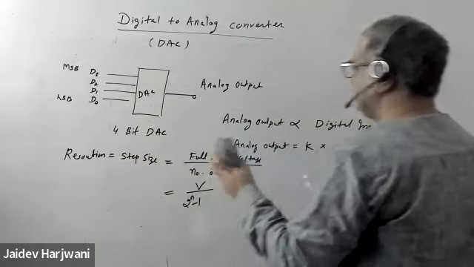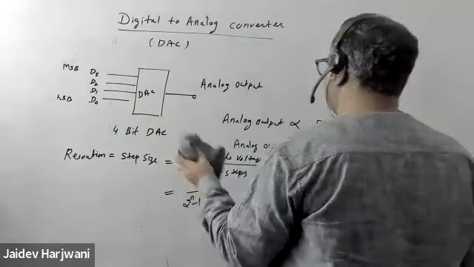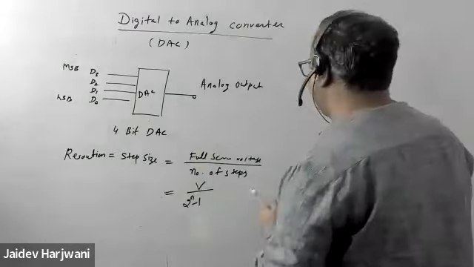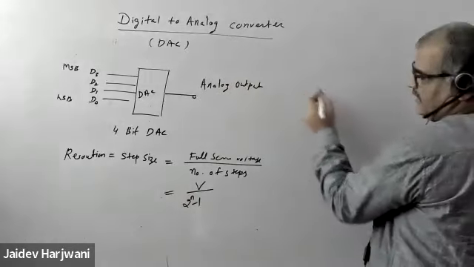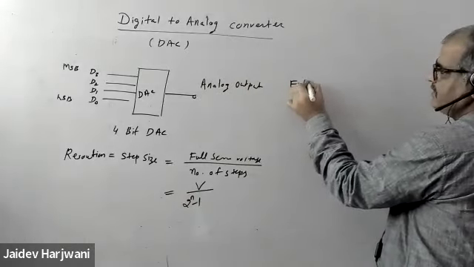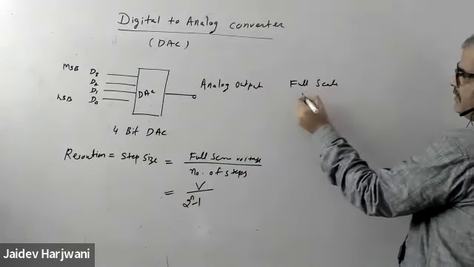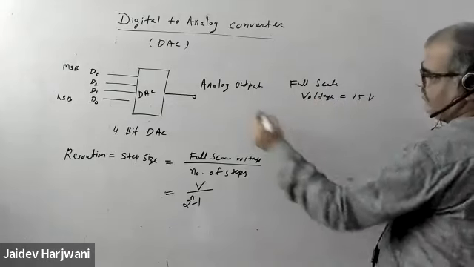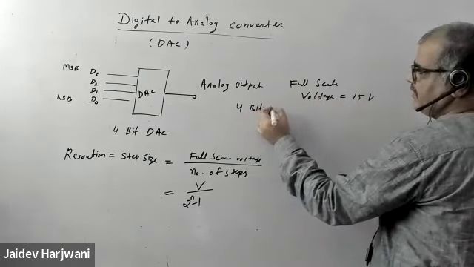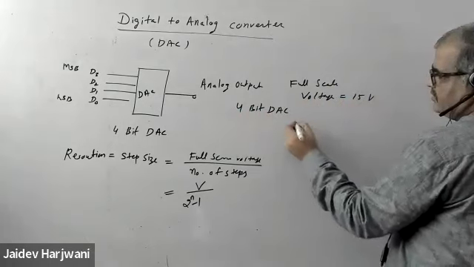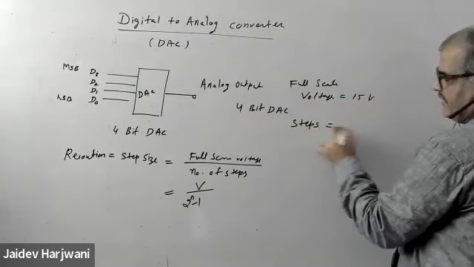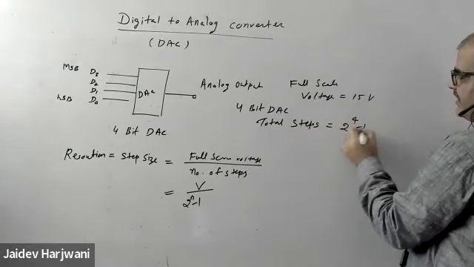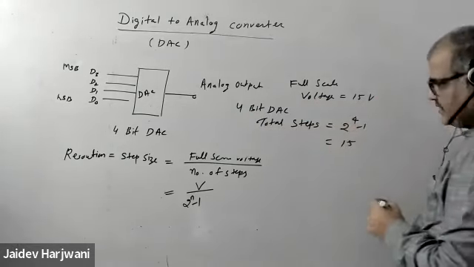Now for example, if I want to calculate the resolution of a 4-bit D2A converter and the full scale voltage is 15 volts, we have a 4-bit D2A converter, so total steps equal 2 power 4 minus 1, that is 15 steps.